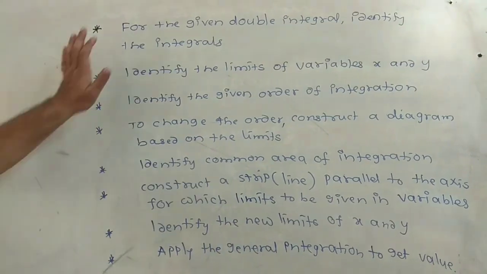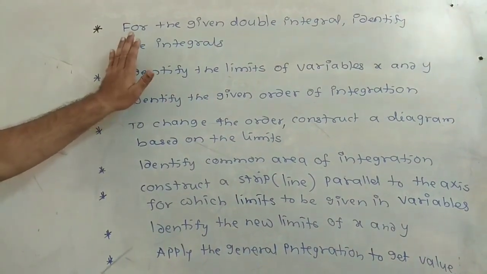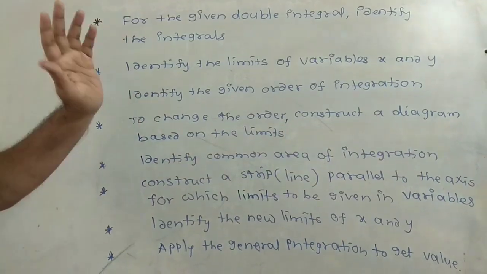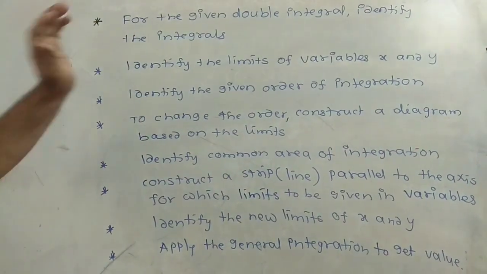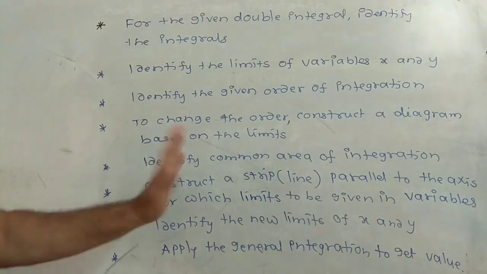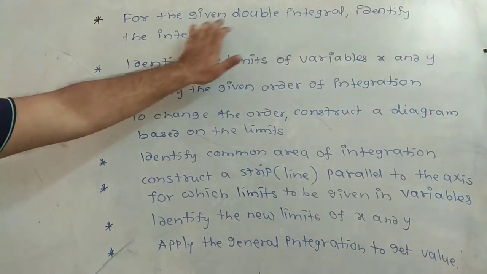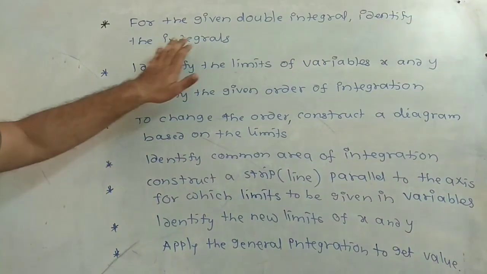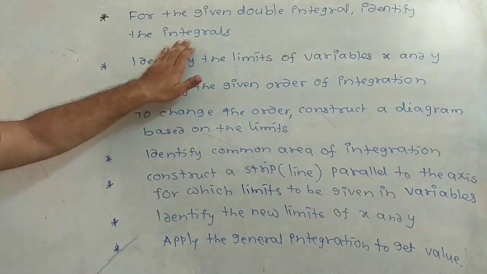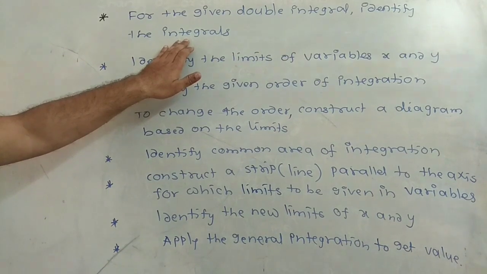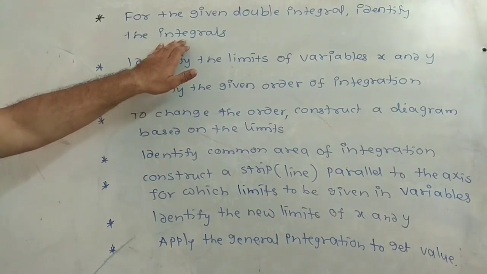Now let us have the brief procedure of change of order of integration in the double integral. So I just give you the procedure and later on we enter into the problems. So for the given double integral, the first step is to identify the integrals. That means the first one and the second one, which is x integral and which is y integral.